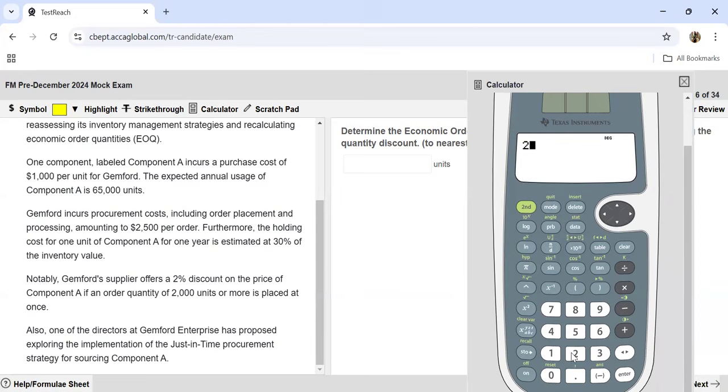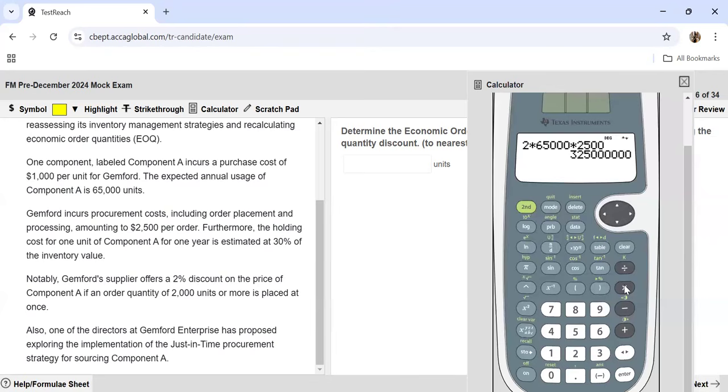The formula is 2 multiplied by your annual demand, which is given to us as 65,000 units, multiplied by the ordering cost, which is given to us as $2,500 per order.